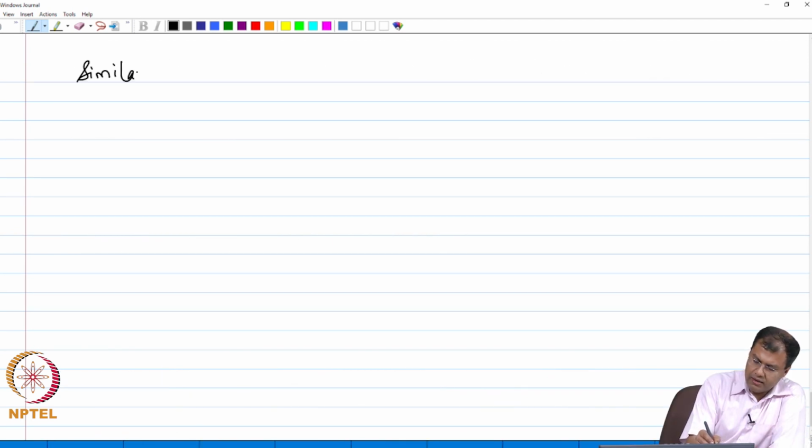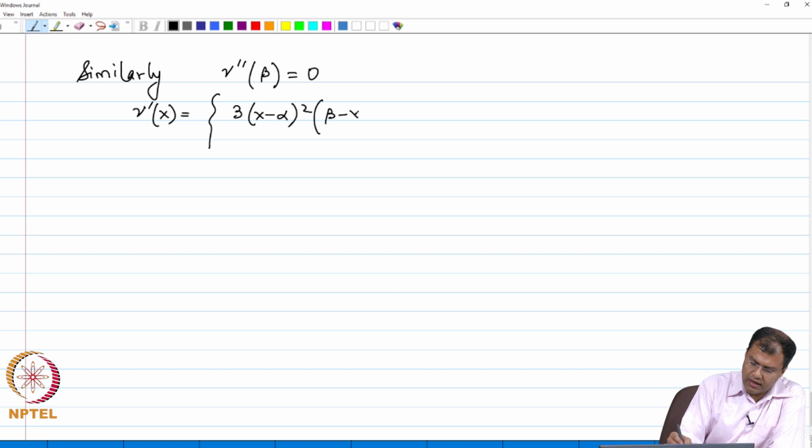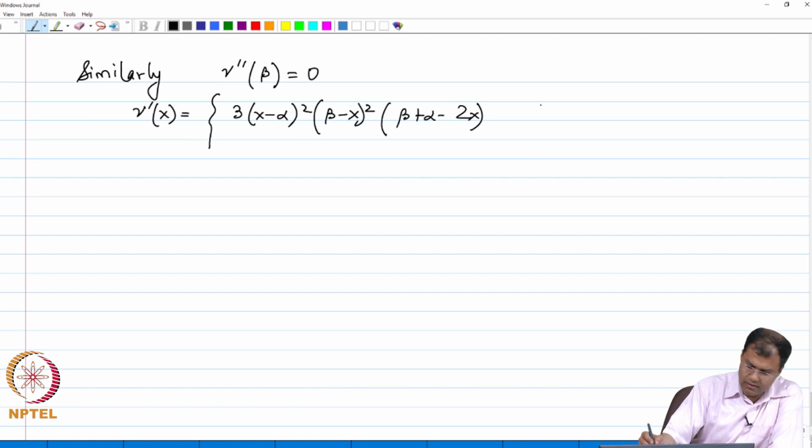So, similarly we can check that the second derivative of nu at beta is also 0, right. So, what we have is the following. While going through this exercise we have seen that the first derivative of nu is 3 times x minus alpha square beta minus x square beta plus alpha minus 2x, where x is in alpha comma beta and it is 0 otherwise, right.